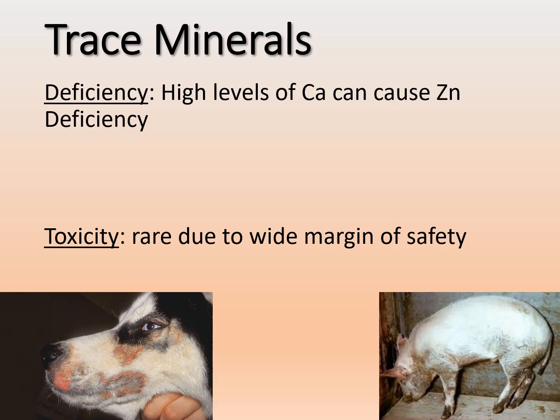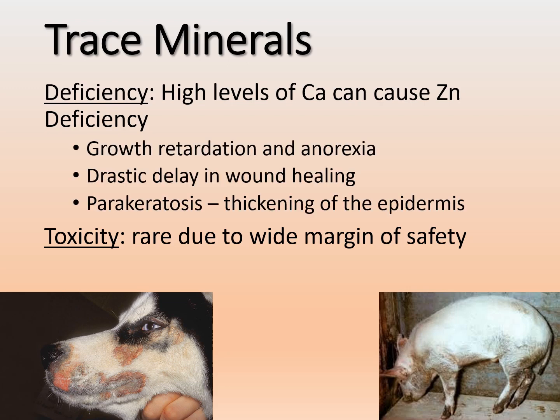So now let's talk about zinc deficiency and toxicity. So again, it may not necessarily be a deficiency in the true amount of zinc. There are things that can block zinc, and high levels of calcium is one of them. And we talked about that when we were talking about calcium.